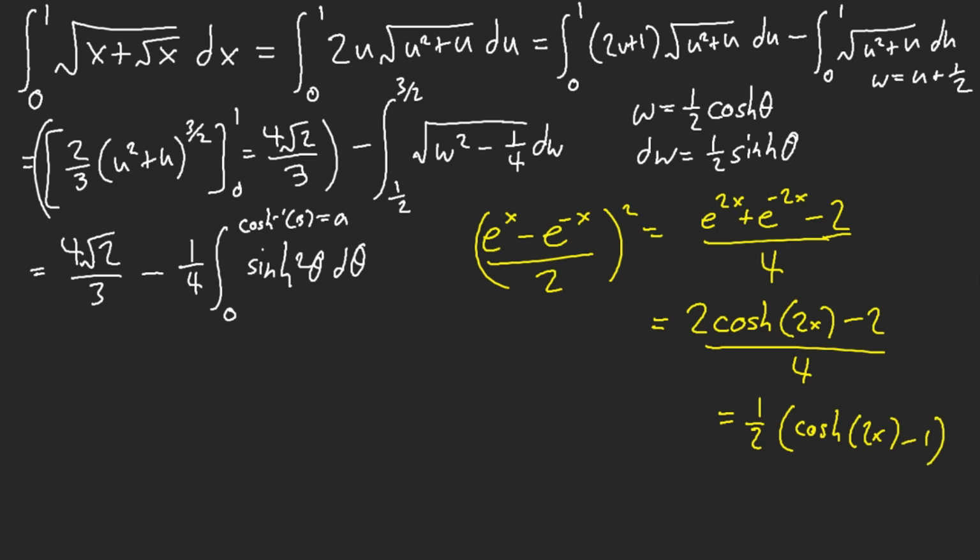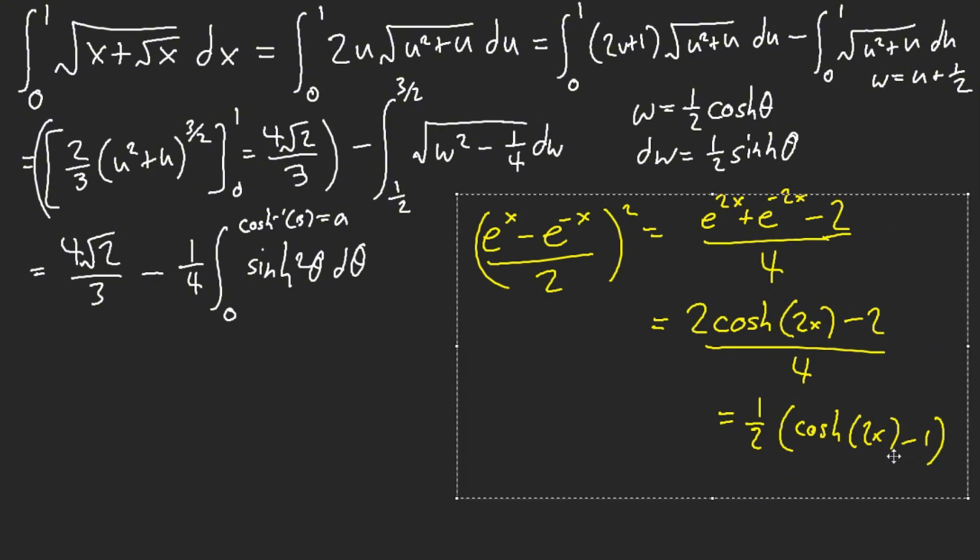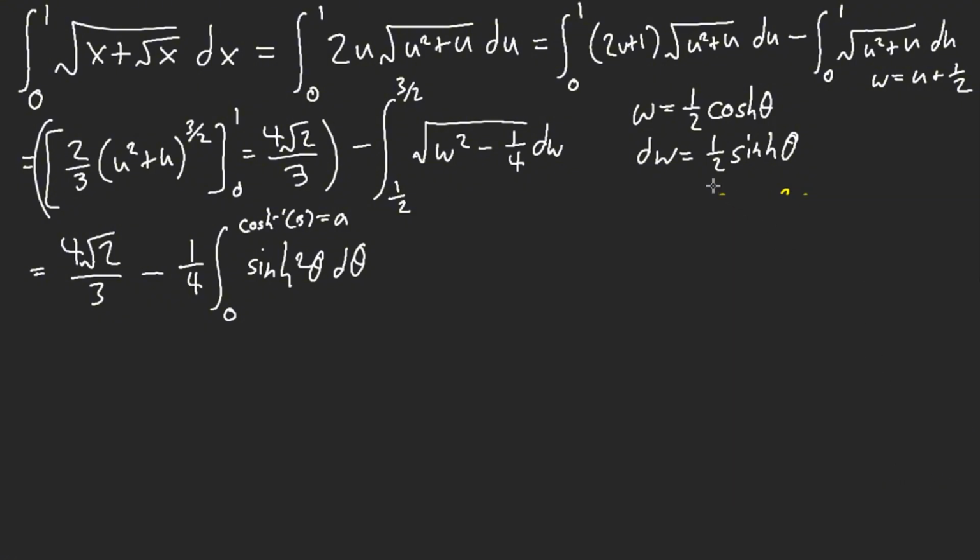Very similar to the trig identity, but you have to be careful, it's flipped. Because I did that so many times, I just kind of memorized the identity. So this goes to 1/4 of, consider it A. Oh, I'm sorry, and then the half goes in here, and then cosh 2 theta minus 1 d theta.